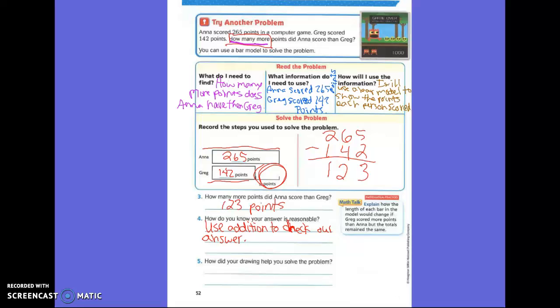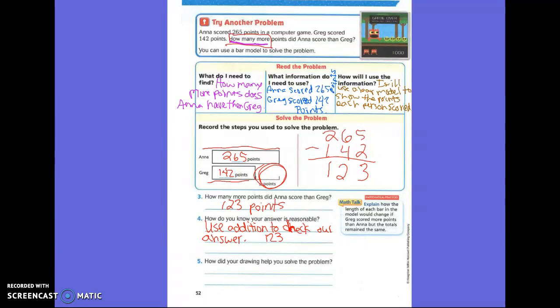Okay, Carter, so when I add, what am I going to do? What's my top number going to be? Your top number is going to be 123, which is the answer for the subtraction. Okay, so the answer is going to go on the top for my addition problem. Is that what you said? Yeah. Okay. Are you sure? Yeah.